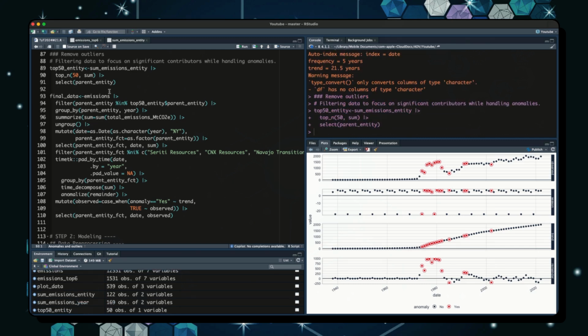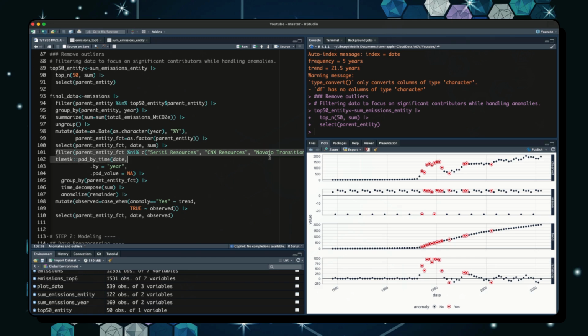And since I changed the number of parent entities that I keep in my data, I need to go back to the raw dataset and apply exactly the same steps that we have been looking at. But here I just choose to preprocess them all at the same time.